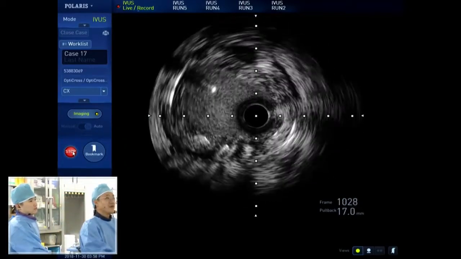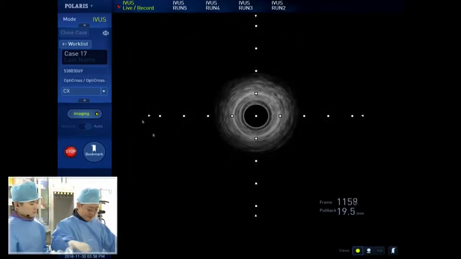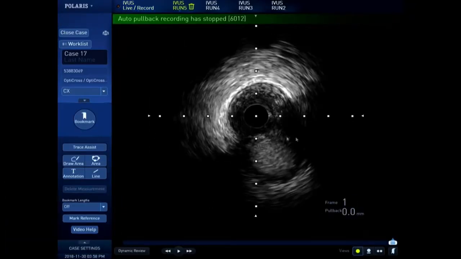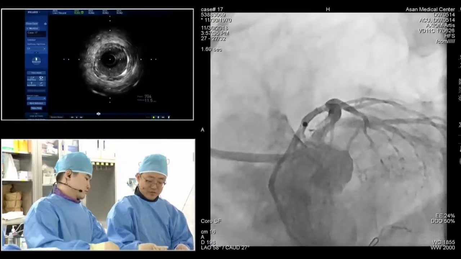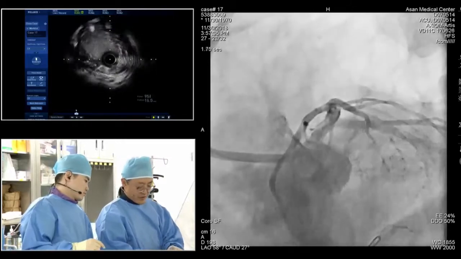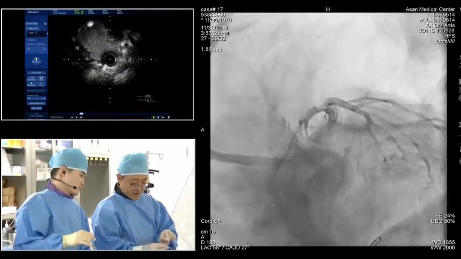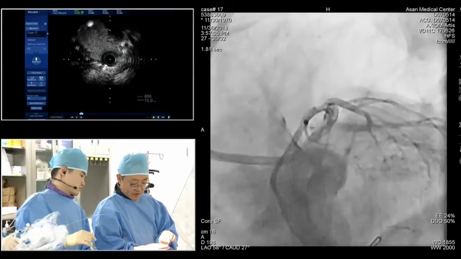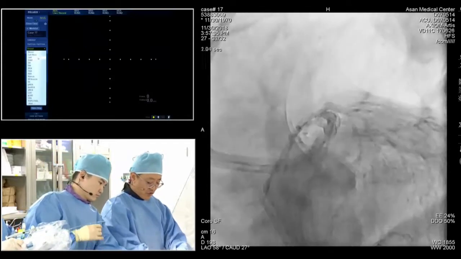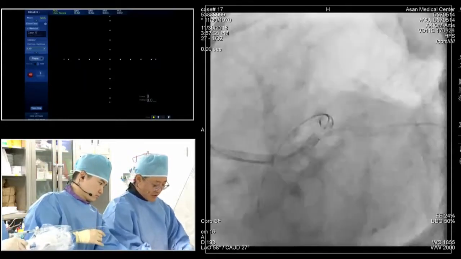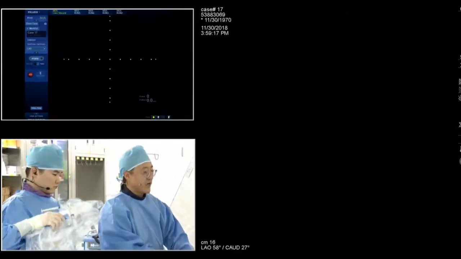And then we're gonna check again from the LAD to the left main. Some currently available data show the TCB is comparable to the contemporary drug-eluting stent. If there is concern about too much overlap of the stent struts, I think TCB and DEB is a very nice option to treat the ISR region.